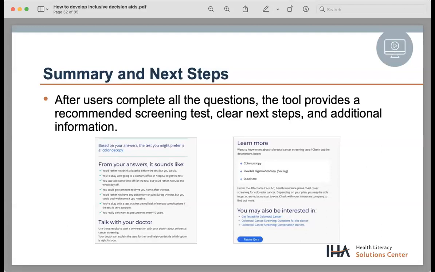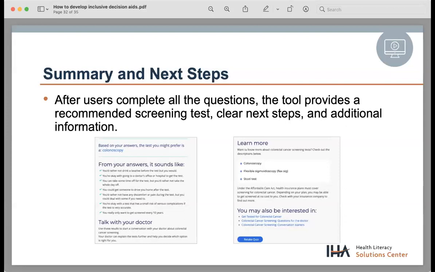It also includes information about the other types of screening tests that are available if people want to learn more about those other options that weren't presented to them as part of their results. It also provides users with some additional links to view more information on MyHealthfinder related to colorectal cancer screening.